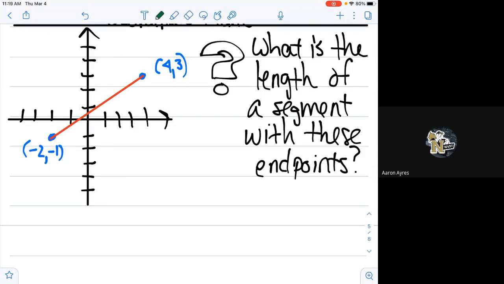Well, what I currently came up with was -2 to 4 is 6, so -1 to 3 is 4, and I know 6 and 4 have something to do with it, so there's my idea. Okay. All right. So she said that the distance from -2 to +4 is 6 units. And the distance from -1 to +3, changing the y coordinates, is 4 units, right?